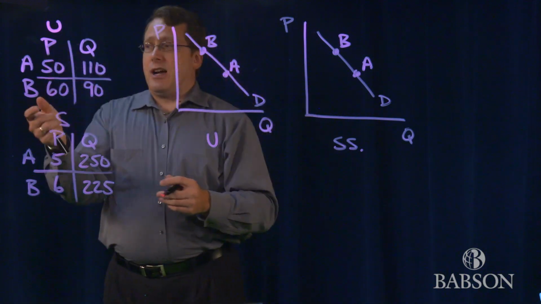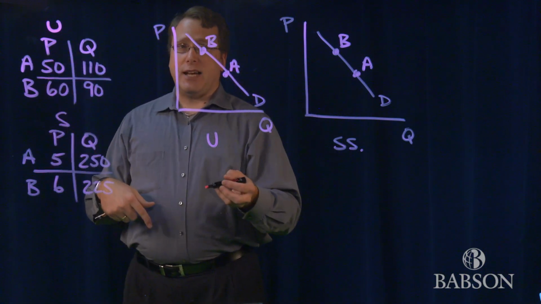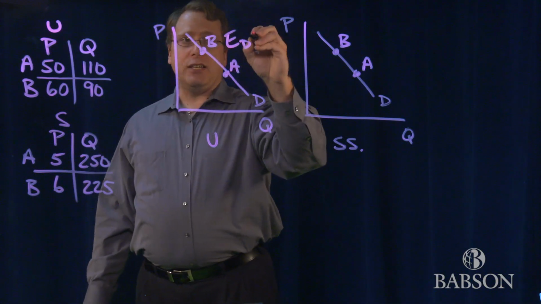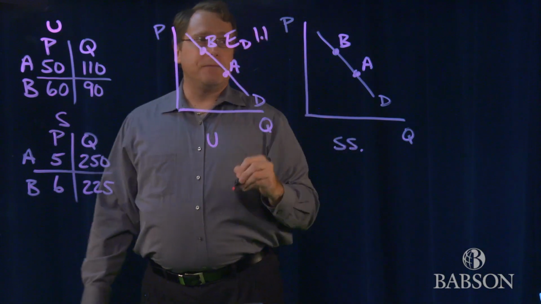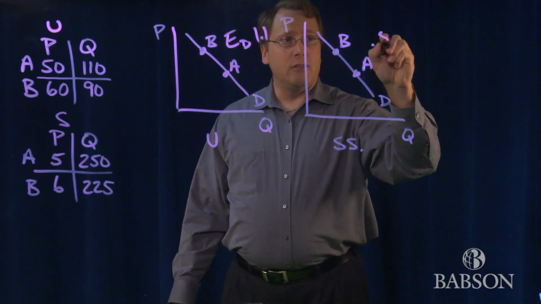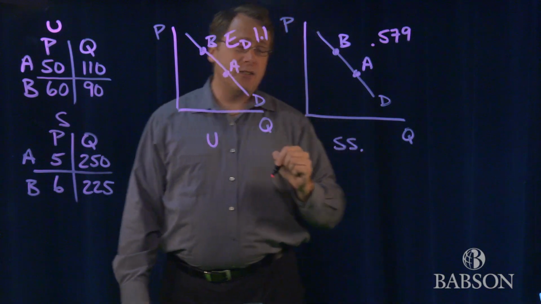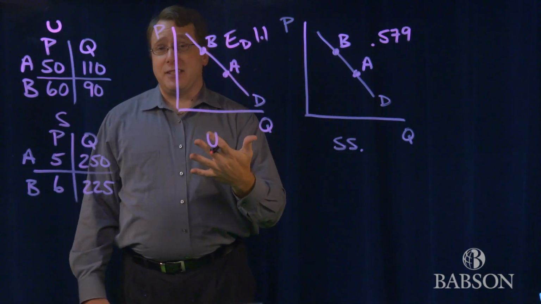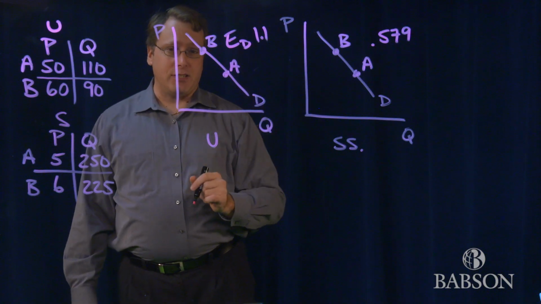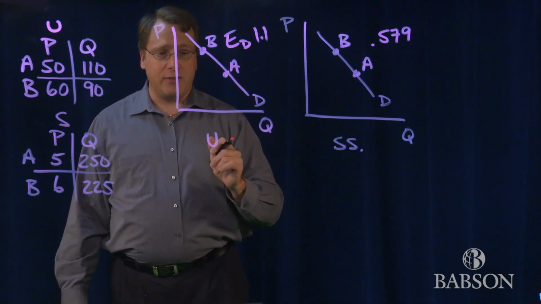Now, if we went through the process and calculated the price elasticity of demand, we'd see that the elasticity of demand here is 1.1, and the elasticity of demand here would be 0.579. Now, it's a good test to see if you could go back later and calculate the price elasticity of demand here for these two products.